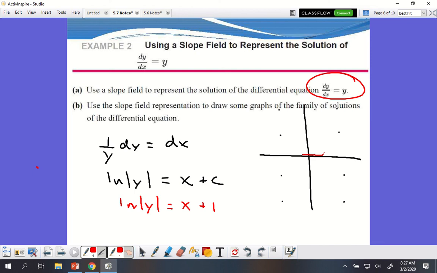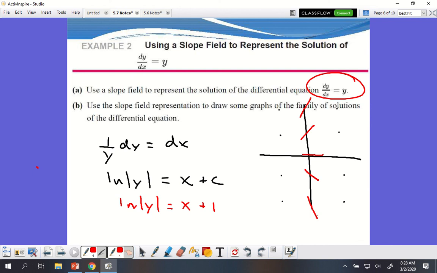So at 0, 1, it's gonna be 1, right? Okay. At 0, 2, slope is 2, right? All right. At 0, negative 1. At 0, negative 2. All right, so now let's go to the right.